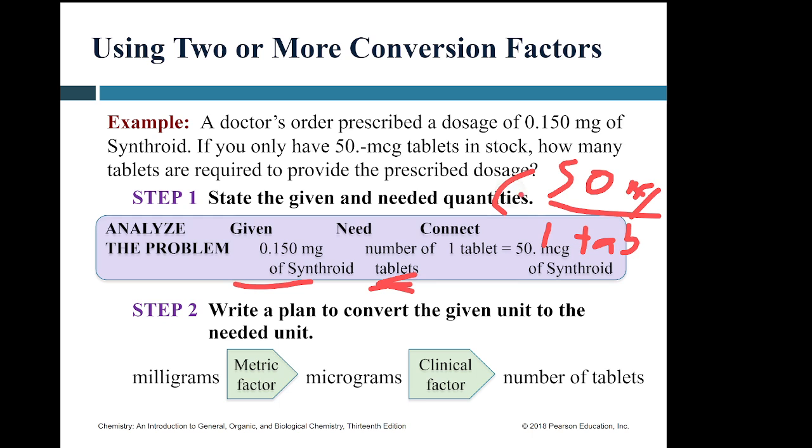This right here, isn't it? But it's not the right way, is it? I want to end in tablets because tablets is on the bottom. So I need to flip that: 1 tablet is 50 micrograms.